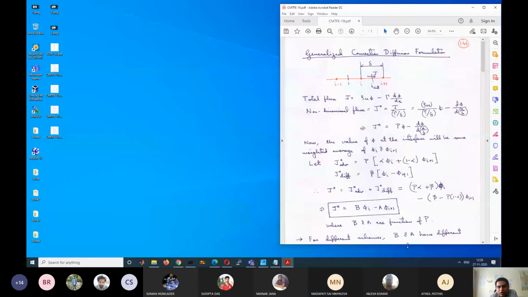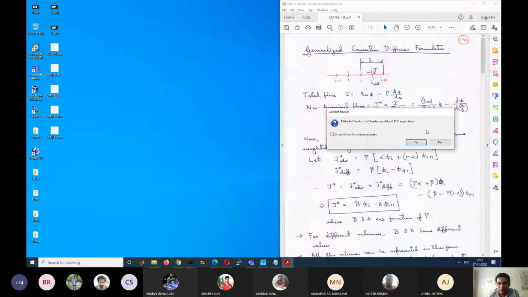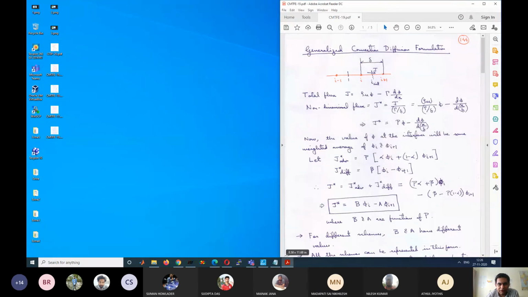Correct. Assume that those distances are equal in this case, otherwise the situation is more complicated. Assume all the grid points are equally spaced.